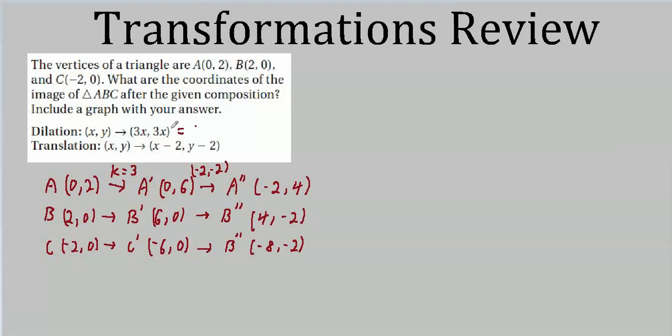Well, I didn't notice, but this is a misprint. 3x comma 3x would definitely not be a proper dilation. That would skew things terribly. Your y-coordinate would become your x-coordinate, and it really wouldn't make any sense. For instance, if we did it this way, instead of 0, 6, we'd get 0, 0.